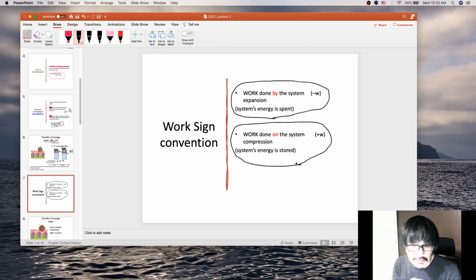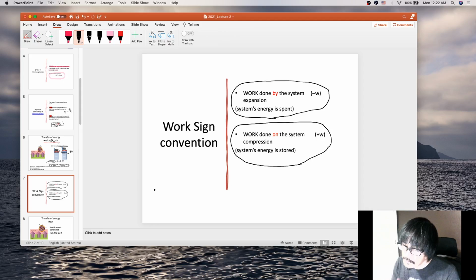In other words, that energy is stored into the system. So work done on the system means that the system is gaining energy, and work done by the system means the system is losing energy. Okay.